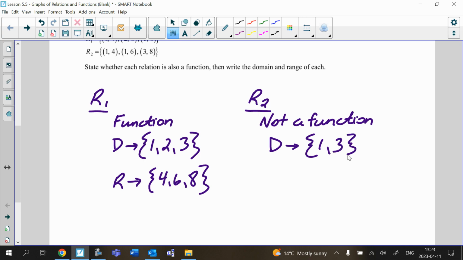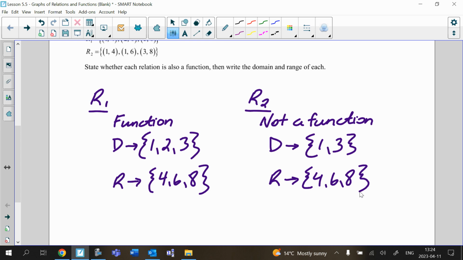Yeah, so really, this would have been like questions on your test. So when we've got a set of ordered pairs, you guys know what to do for domain, for range, and state whether or not it's a function. Okay.